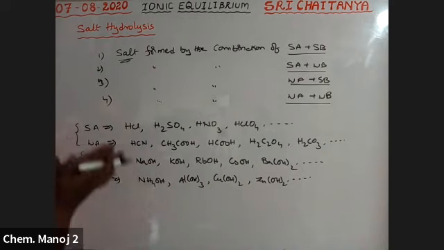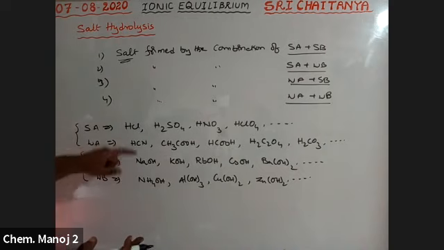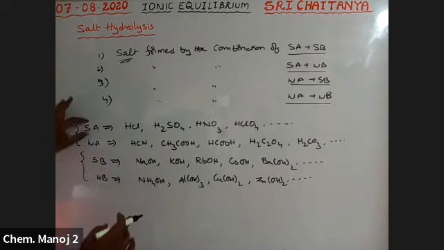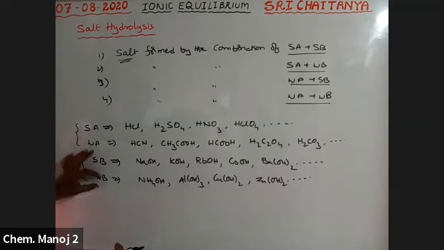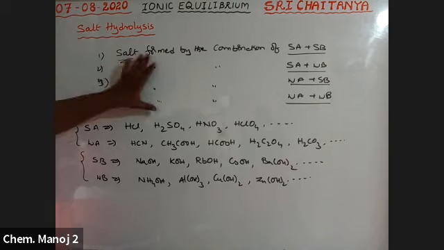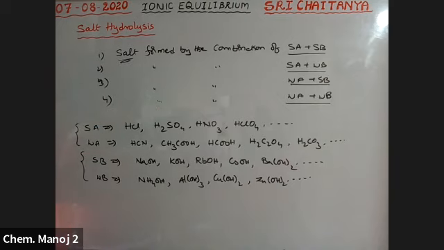So by the combination of this acid and this base, that is strong acid with strong base, strong acid with weak base, weak acid with strong base, weak acid with weak base, totally 4 different types of salts are formed. So see here, I will explain one by one.